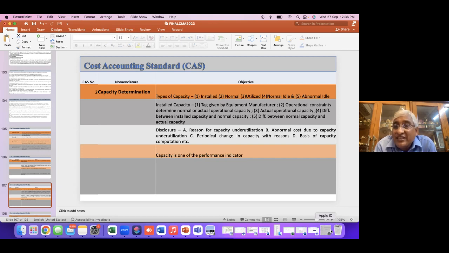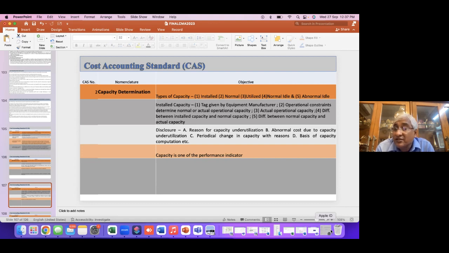So the reason for capacity underutilization or abnormal cost due to capacity underutilization. Why underutilized? Just now I mentioned that the market demand is not that much that the company can produce a higher number of chocolates. So they decided to go this way.